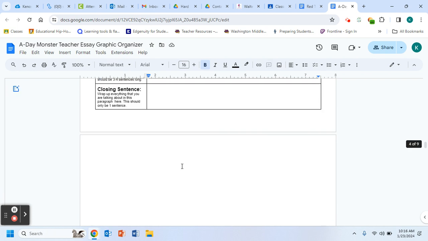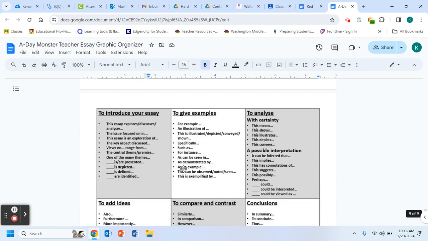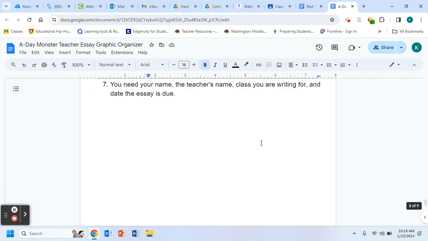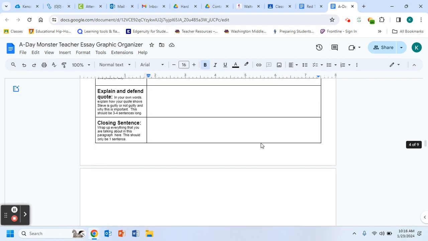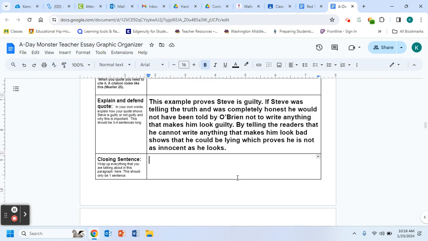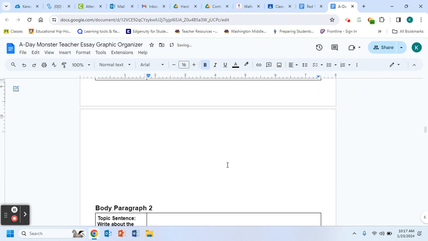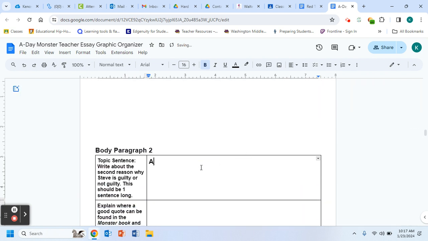So then I'm going to scroll down and I'm going to find a way to summarize. I'm going to put it at the end here. Okay, I'm not going to do the whole body paragraph too, but I'm going to do the same thing that I did with the horror essay.